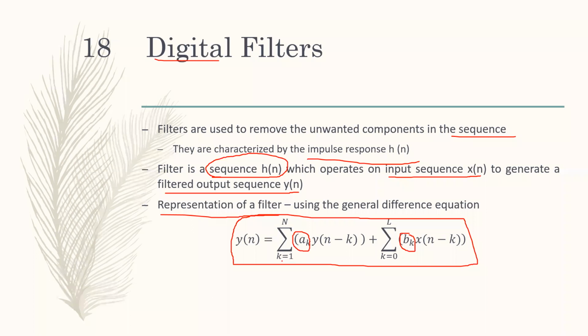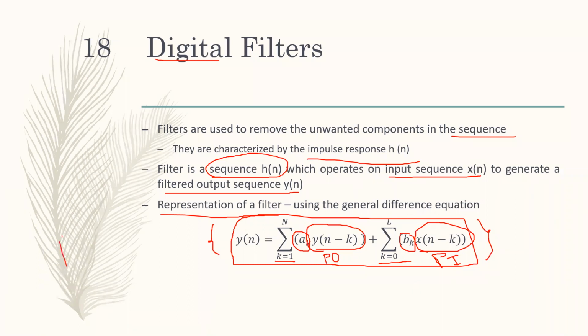Here you can observe that this is a summation with respect to the shifted versions of y of n, that is, the previous outputs, and this summation includes the shifted versions of the input, which are nothing but the previous inputs. So this is just a general representation.